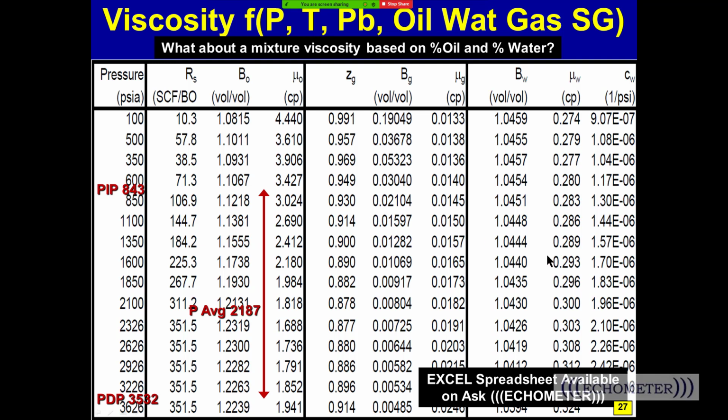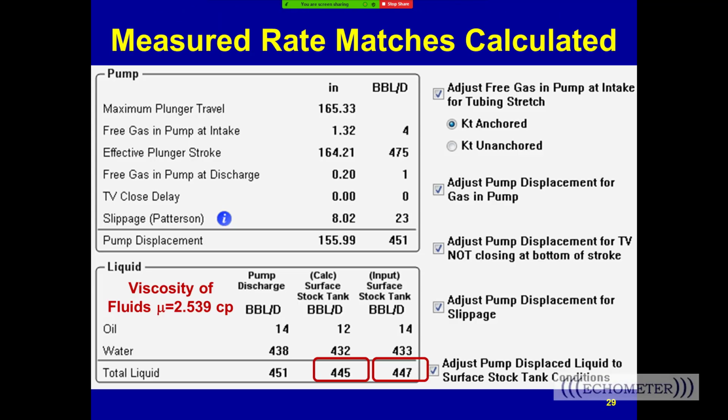And so the combination of the oil and the water viscosities often results in an average viscosity almost equal to 0.76. So the default number probably is okay, but you can make a better estimate of viscosity by using that spreadsheet, and eventually we'll get it programmed into TAM, and you can select it as an option.